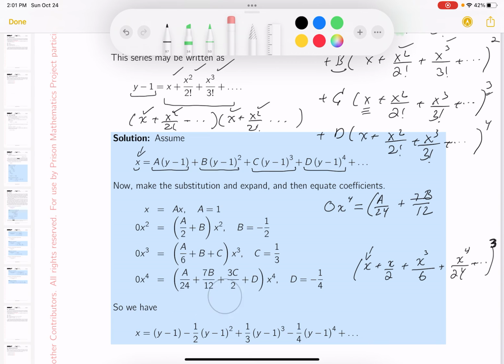Let me erase this over here. And I got the 7b over 12. I just lost track of what I was doing. And where would I get the 4th degree from that? Well, let me write this down for you. It'd be this one times this one. Well, it's down 3 times though, isn't it? Let's write it down 3 times.